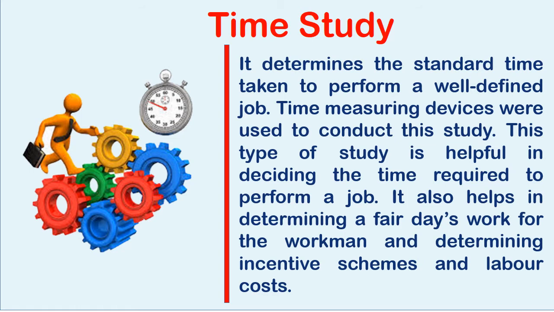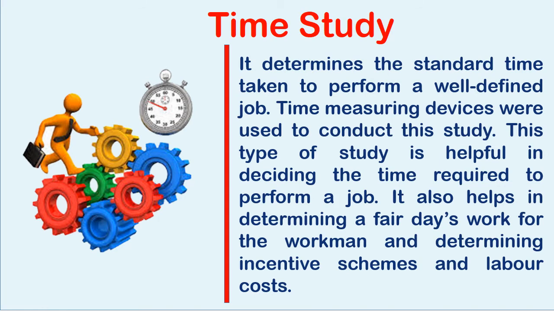Time study determines the standard time to be taken for a particular job, so we can use different measuring devices to understand the time taken by the worker to complete the job. It helps in deciding a fair day's work. For example, if I have observed that whenever the worker is given a task to produce, for example 10 units, he takes 1 hour.